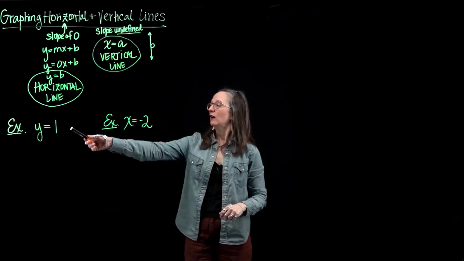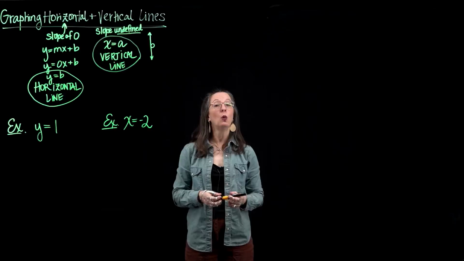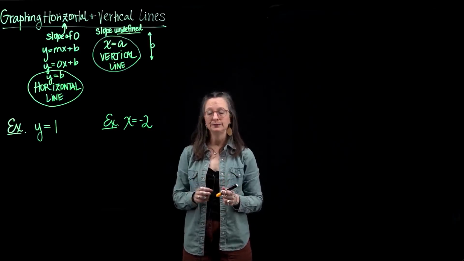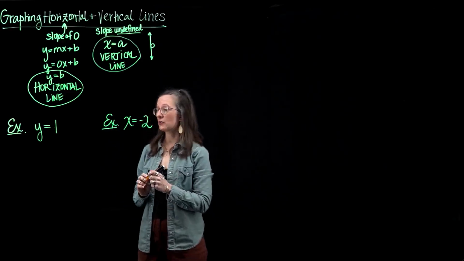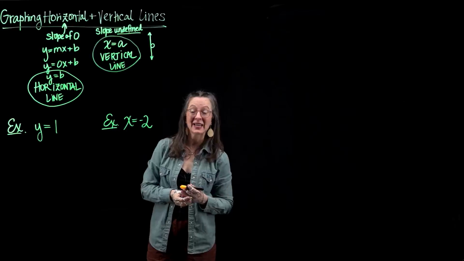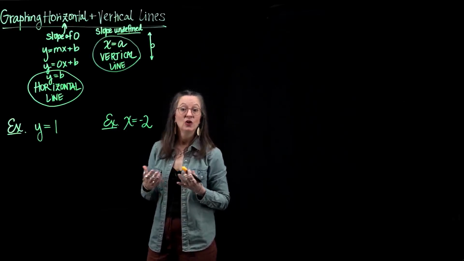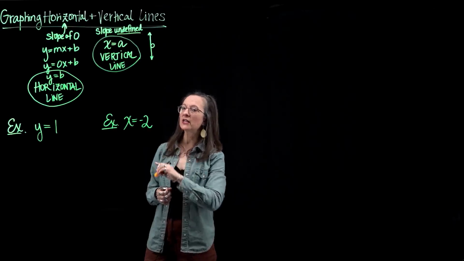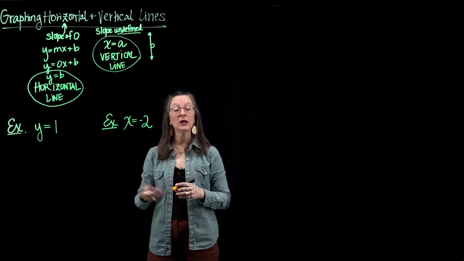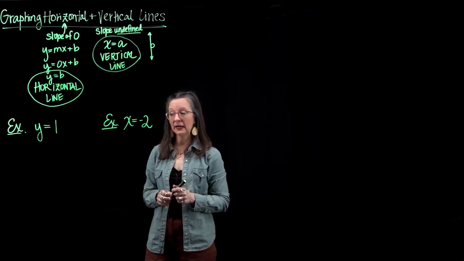All right, first we want to look at the line y equals 1. I could think of this as y equals 0 times x plus 1, knowing that I have a slope of 0. That's one way to think of it, or I could just remember that y equals defines a horizontal line.